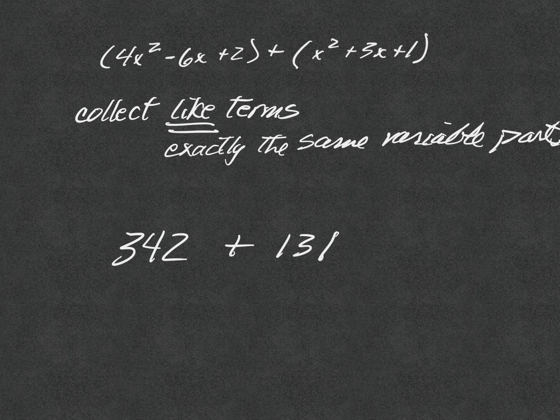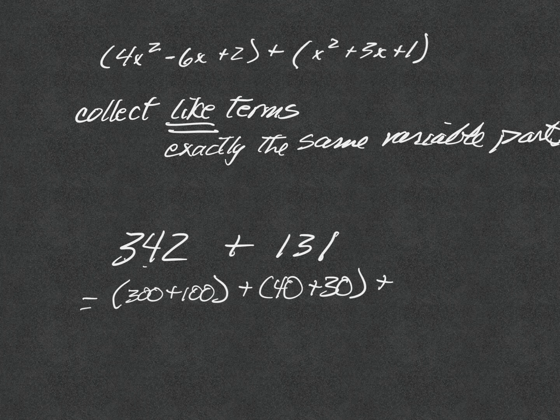Well, if you remember all the way back to elementary school, you would basically add the 300 and the 100. You would add the 40 and the 30. And you would add the 2 and the 1.